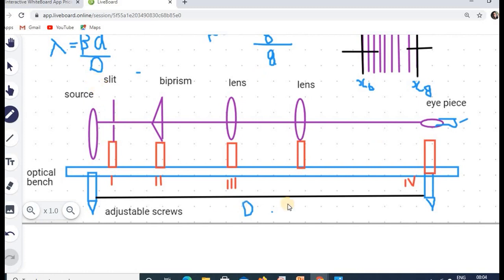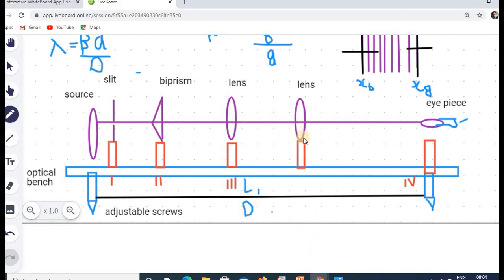The two images of this source can be obtained if you keep the lens very close to the biprism. I can name that position of the lens as L1.